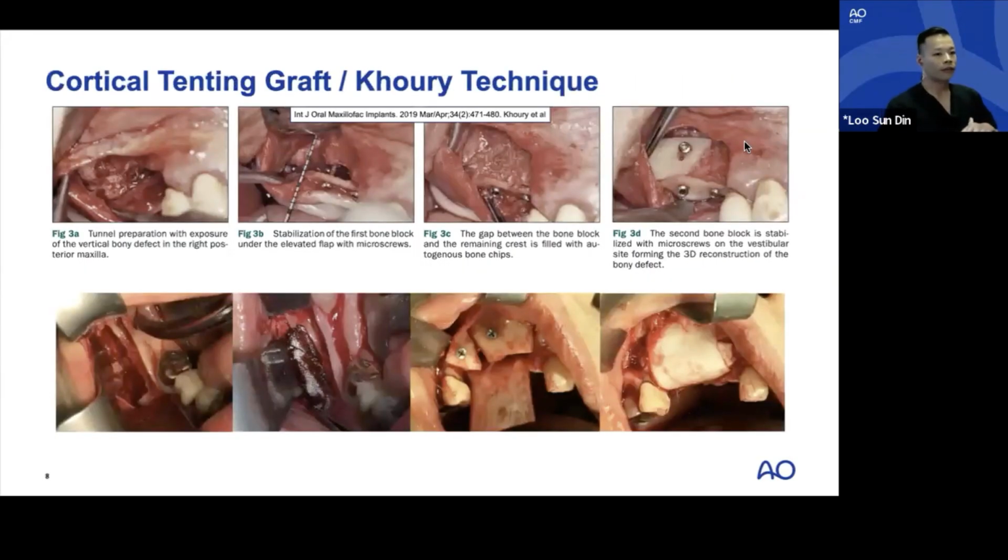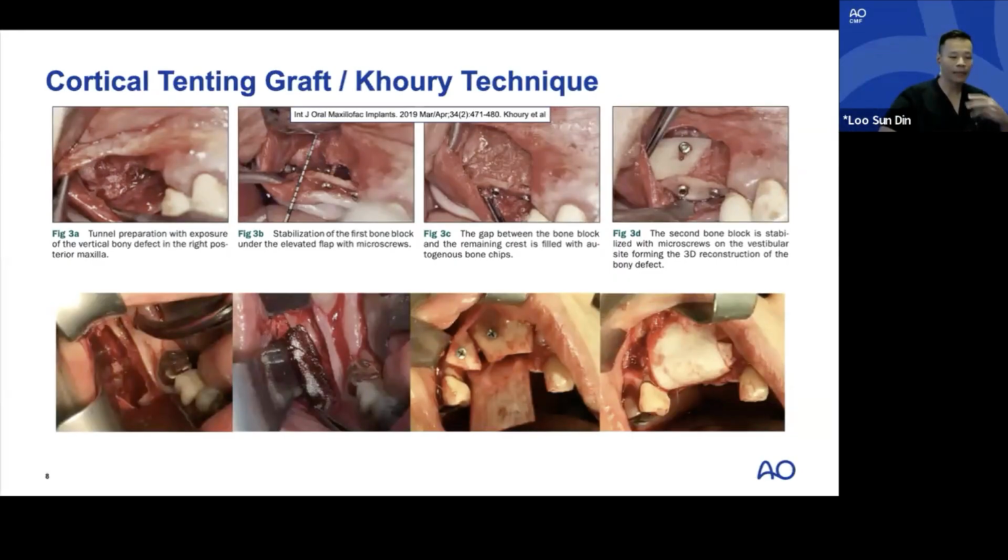Cortical tenting graft or Quarry technique is popularized by Dr. Floyd Quarry, where a thin cortical ramus bone is harvested and then split thinly, and the cancellous side is actually removed to bulk up the mixture of cancellous, autogenous, and xenographic grafting. These cortical plates are screw fixated to maintain a three-dimensional shape, depending on whether it's horizontal or vertical augmentation.